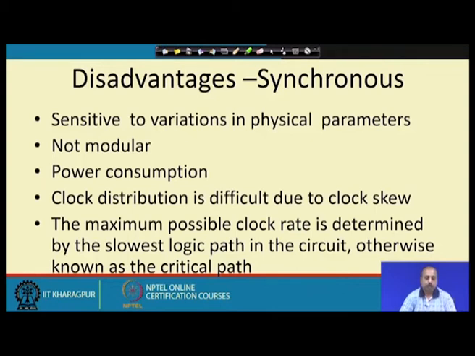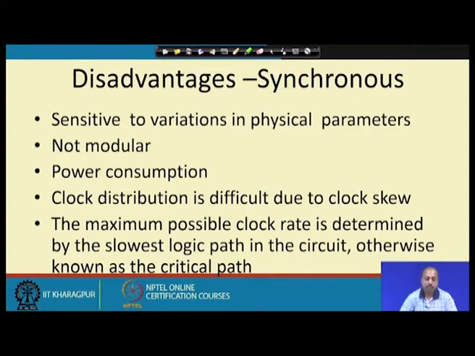Power consumption. Whenever the circuit is active, it will consume power. In a synchronous sequential circuit, the clock signal is changing at regular intervals of time, and we have seen that for CMOS technology, the power consumption occurs only when the input signals change, and as a result the output is also changing.